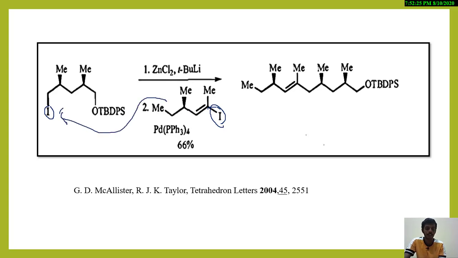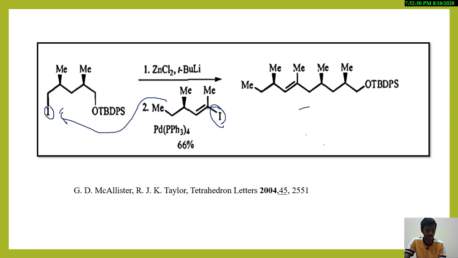A carbon-carbon single bond will be formed here, in the presence of zinc chloride and palladium tetrakis(triphenylphosphine). After that, this 2 PPh3 will be eliminated. After that, oxidative addition of this compound. After that, the reductive elimination happens to form the product.